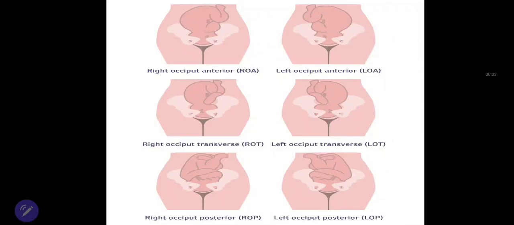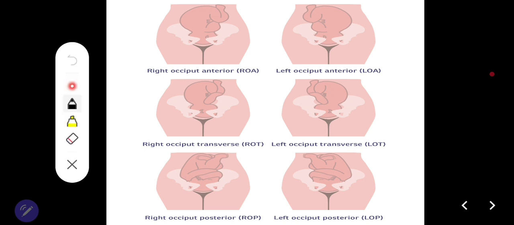This picture demonstrates various fetal positions as predicted by abdominal examination. In right occiput anterior, right occiput transverse, and right occiput posterior, the fetal back is directed to the right side of the mother.